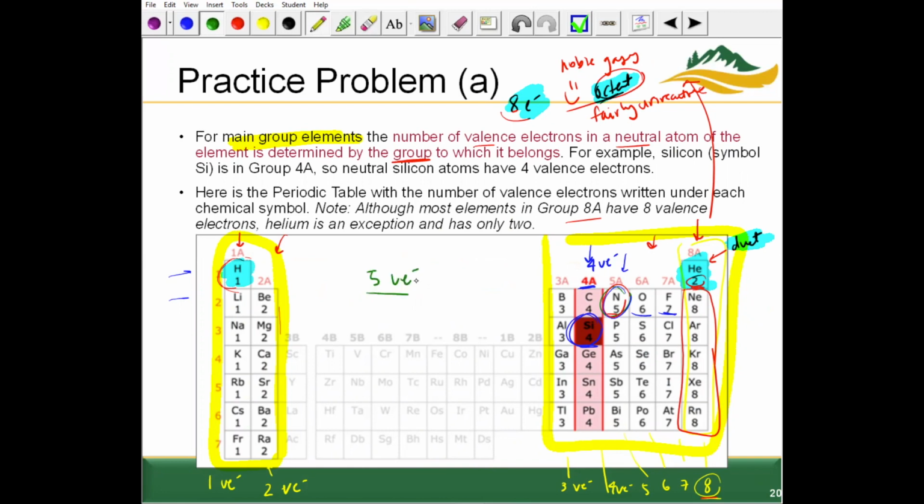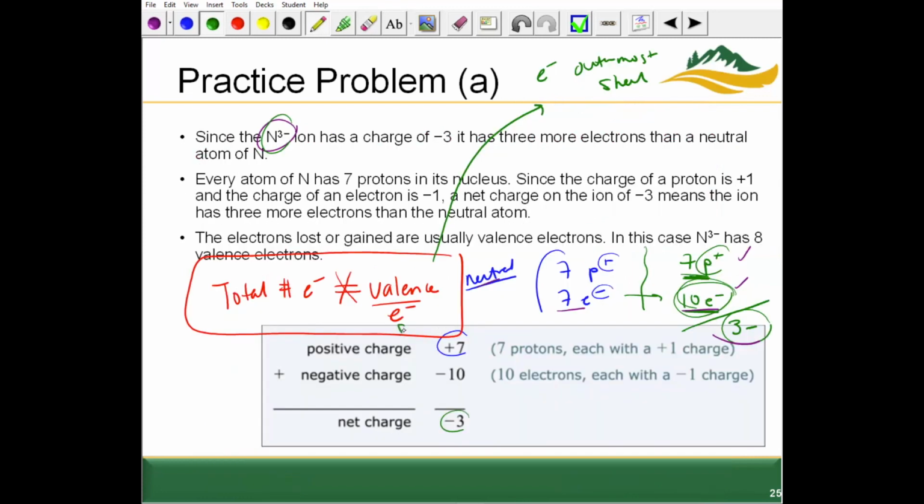So 5 valence electrons plus 3 additional valence electrons, that is 8 total valence electrons. So for valence electrons, we have 8 valence electrons for nitride. In total, though, we have 10 electrons. So let me show this as 8 valence electrons specifically.